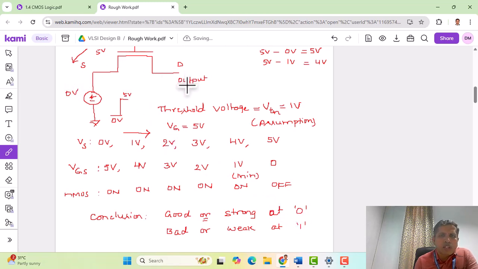So 0 volts will be transmitted to the drain side, but 5 volts will not be transferred here.